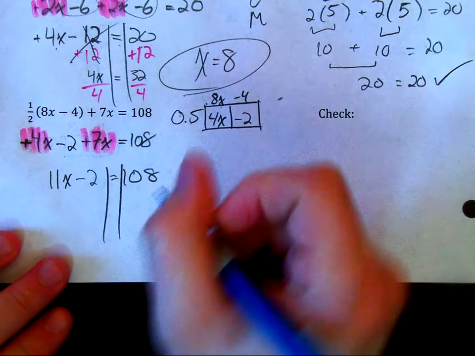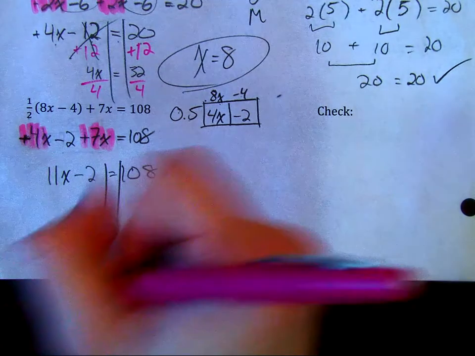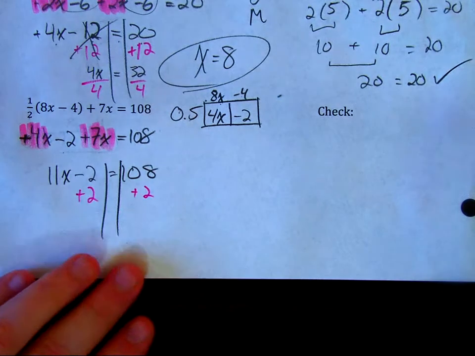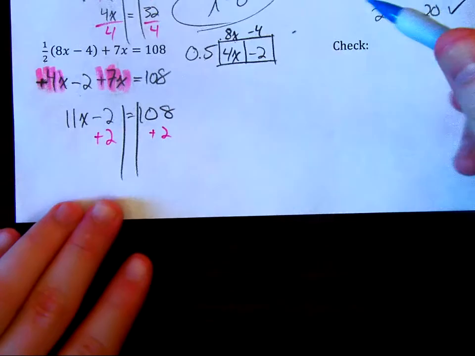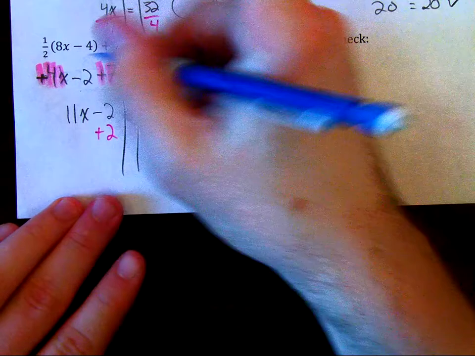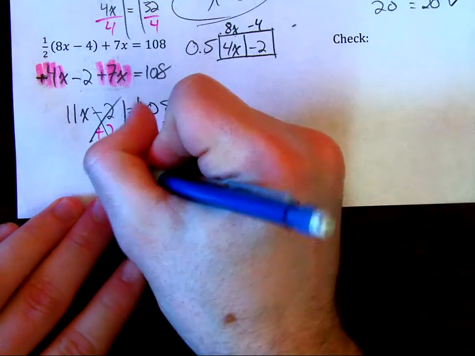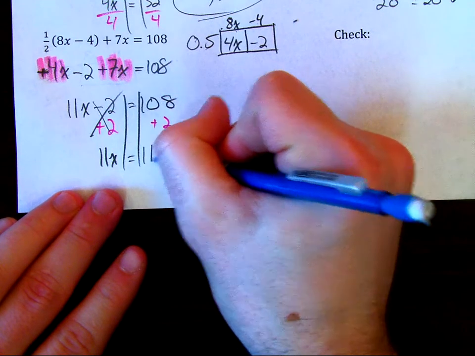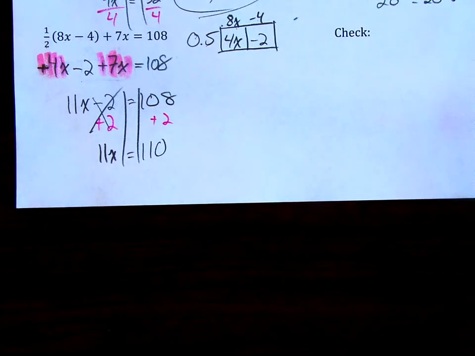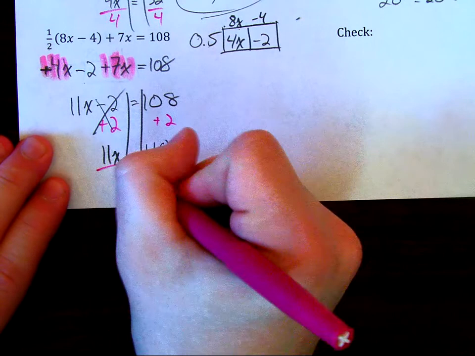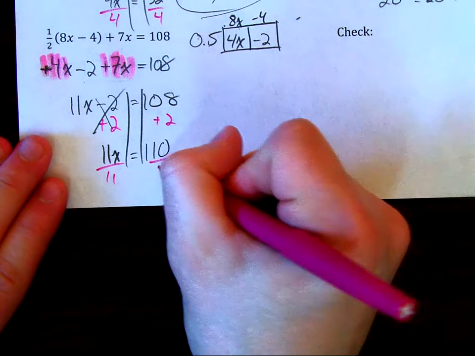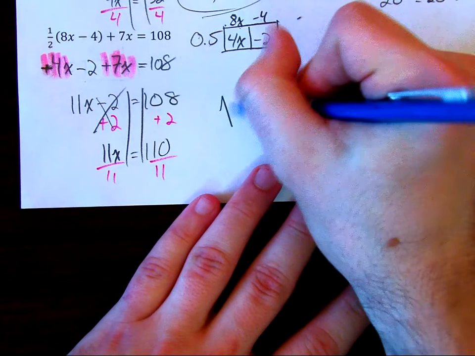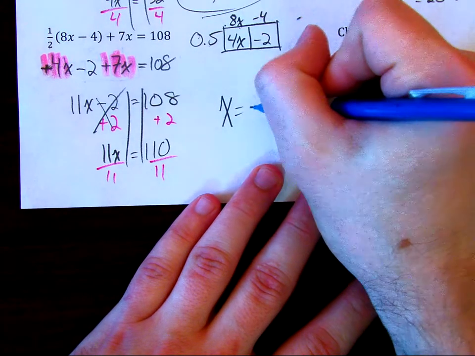Add the opposite to both sides. So we have plus 2 to both sides. This cancels out. 11x comes down. And we have 110 on the right. Again, always divide by the coefficient, which is 11. And on that quick math times tables, x equals 10.